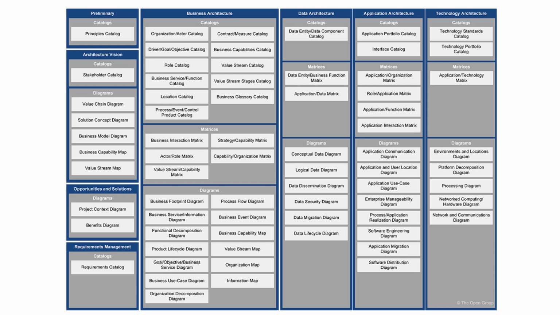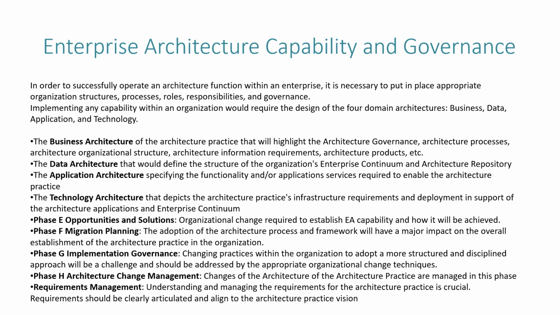For requirements management, there is a requirements catalog, and then we see different kinds of diagrams: value stream map, organization map, information map. These are all building blocks, catalogs, matrices, and diagrams that are relevant to different phases. When an enterprise architect is working on a business architecture, they might create these artifacts. So the TOGAF content framework is huge.